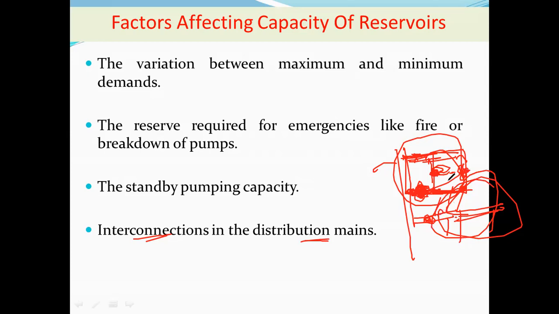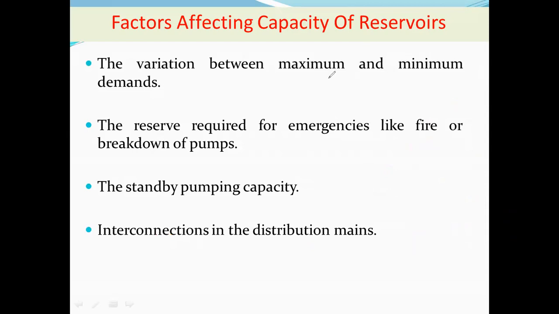In this case, though there is a maintenance issue, water can reach properly, so that's why a smaller capacity of the distribution reservoir will be required. But if there is a problem, then more capacity of the distribution reservoir is to be provided. So these are the factors which affect the distribution capacity of the reservoir.